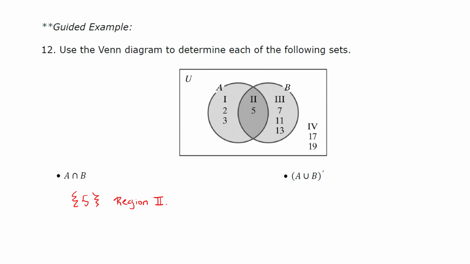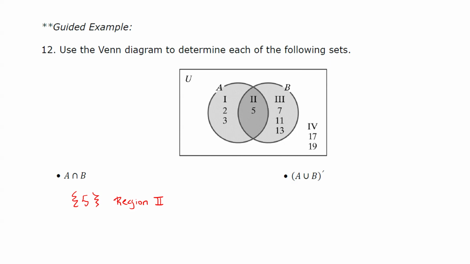The next one, the complement of A union B. First I want to find A union B, so all the elements in A and all the elements in B. That would be everything in both circles, including what they share.